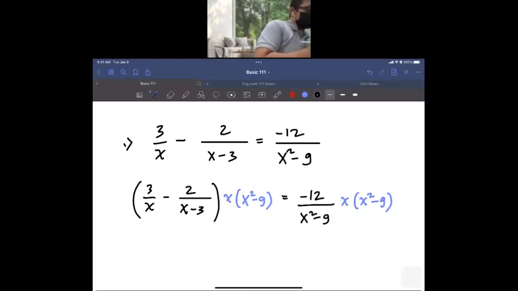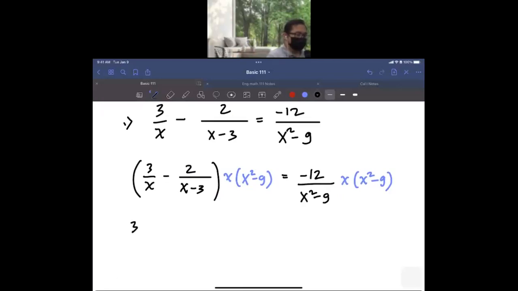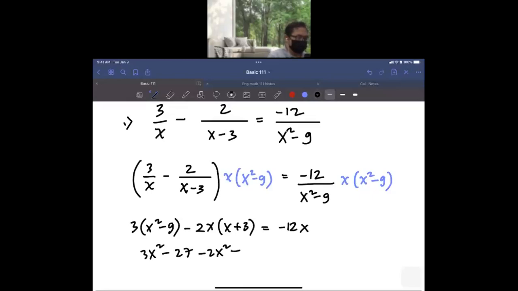If we do this, then we are going to have this is 3, canceling the x, and then we have x squared minus 9 for 3, and then minus 2. We have x plus 3, so x, and then x plus 3. And then this will be negative 12x. So we are going to have 3x squared minus 27 minus 2x squared minus 6x.